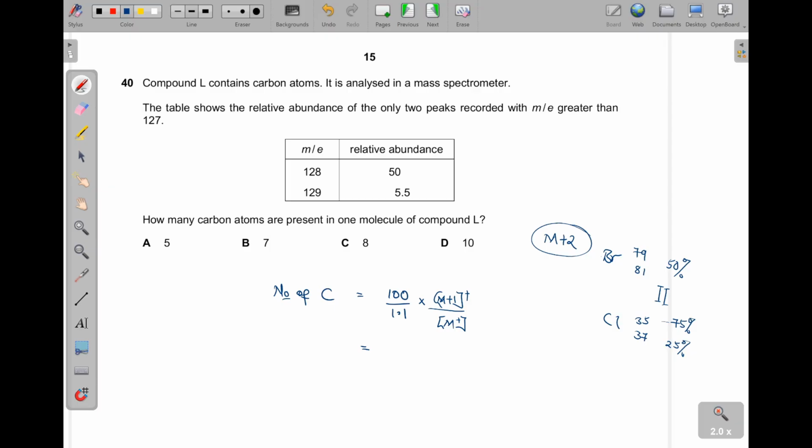So the 35 peak is long and this one is short, a third of the other. But we are not looking at these ones here.